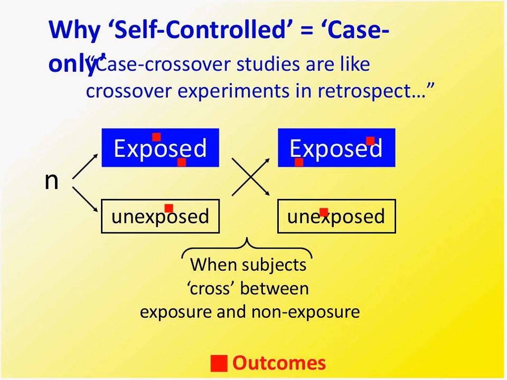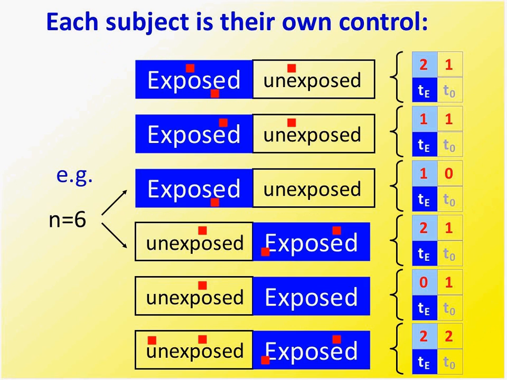And here I've just shown a simple crossover experiment with outcomes shown as red squares. Here we have a total involving 6 people, half who were exposed first and then unexposed, and half that are unexposed first and then exposed. And we then look at the data.